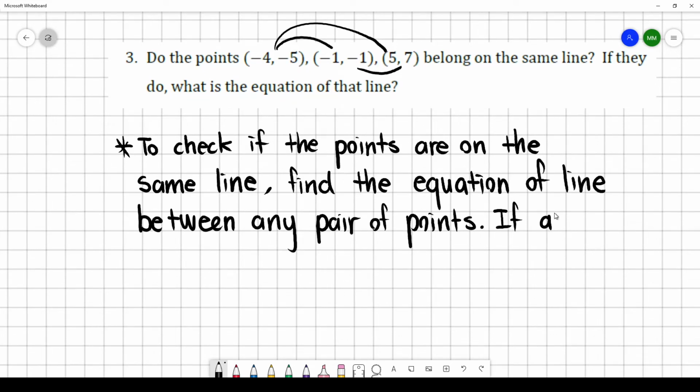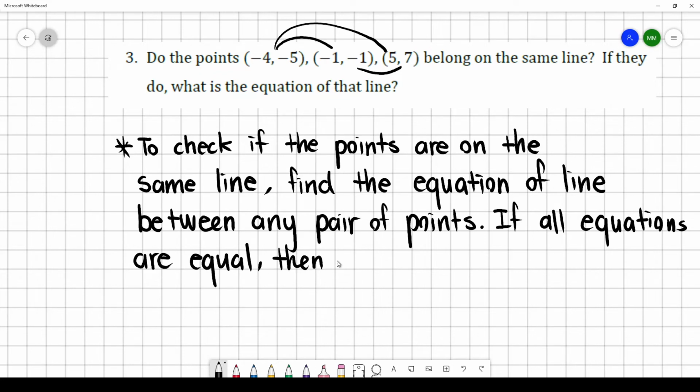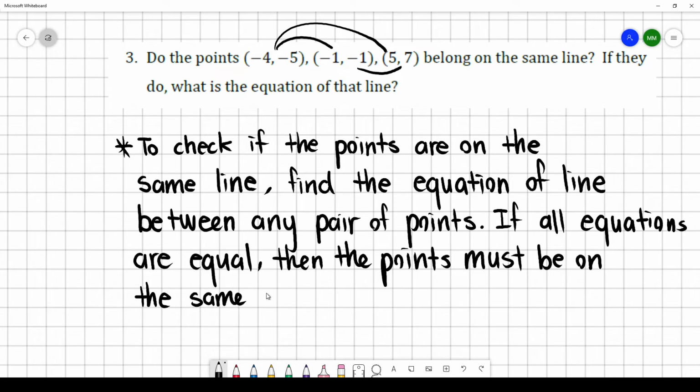If all equations are equal, then the points must be on the same line. Otherwise, they are not on the same line.